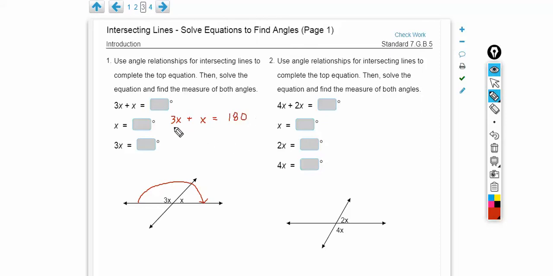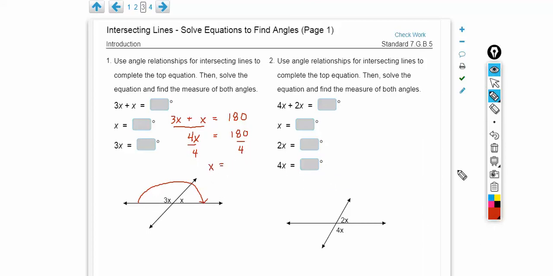Okay, we're going to combine these like terms, so 3x plus 1x gives us 4x equals 180. Okay, we're going to solve 4x by dividing both sides by 4.